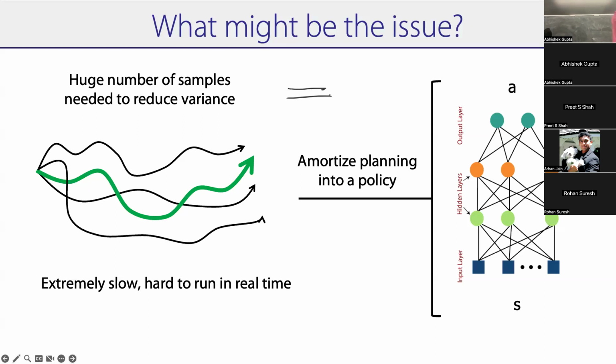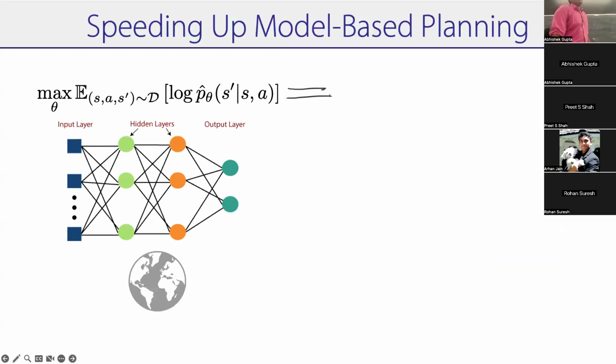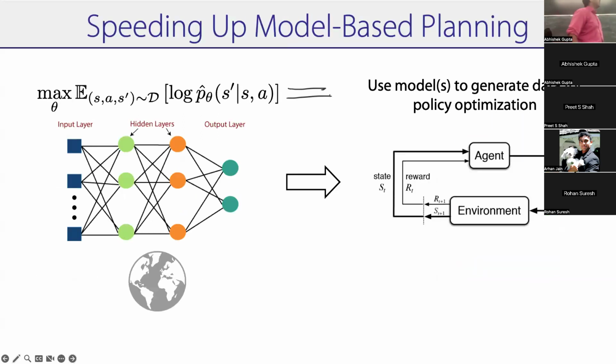And so the idea is super simple. You're just going to say, my model is going to generate a bunch of data for policy optimization. You can think of your model as a generative model. You can stick in an S and A, and get an S prime. Now you have S, A, S prime, R tuples. You stick them into any policy optimization framework, SAC, actor critic, whatever you want, and then you get a policy that you can run in real time.